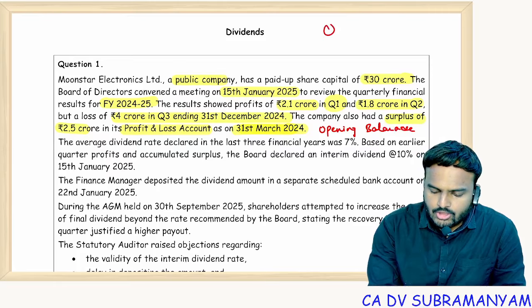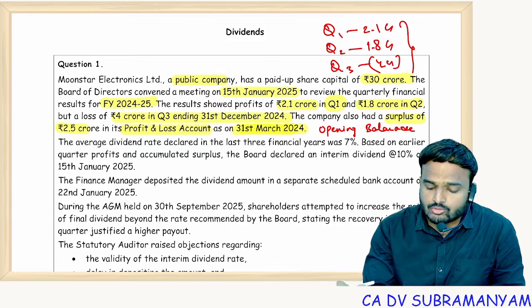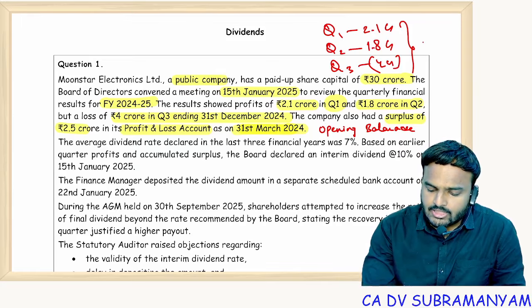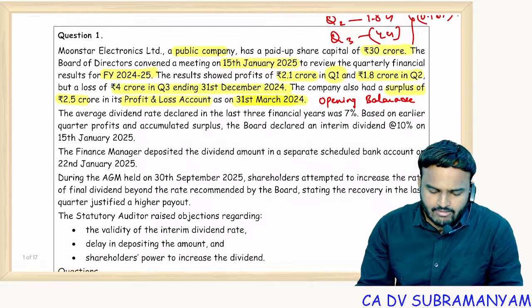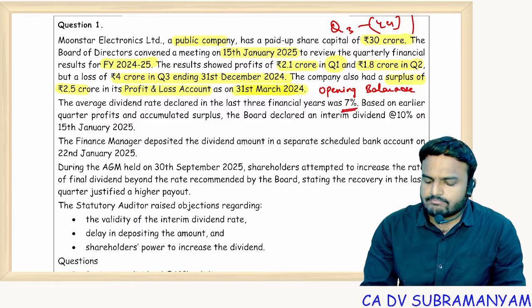You can see Q1 profit of 2.1 crore, Q2 profit of 1.8 crore, and in Q3 there is a loss of 4 crores. So the net result as on 31st December 2024 is 0.1 crore negative.